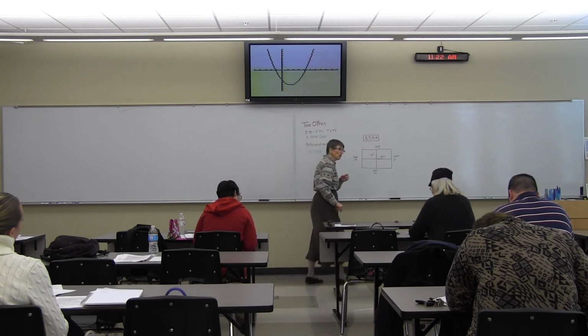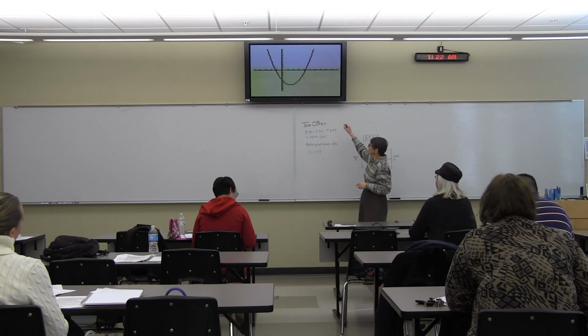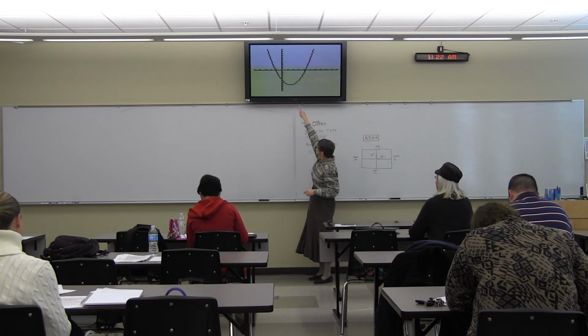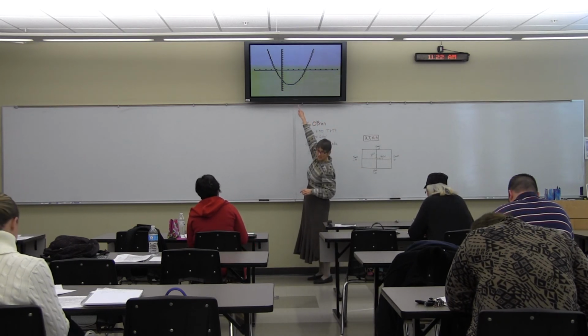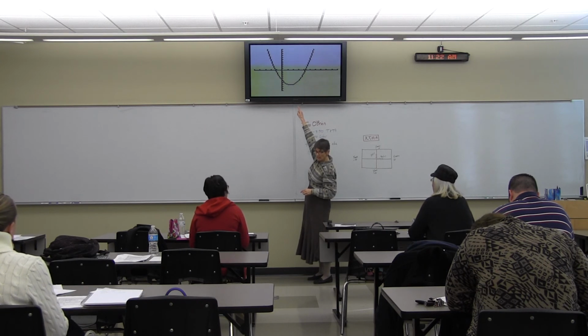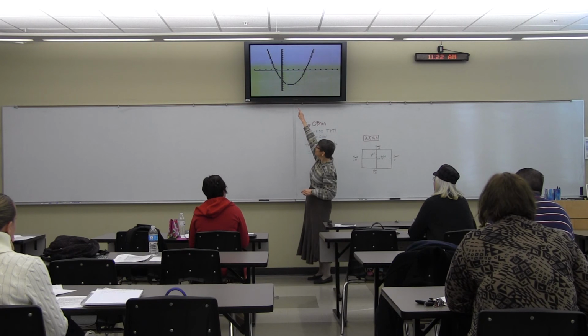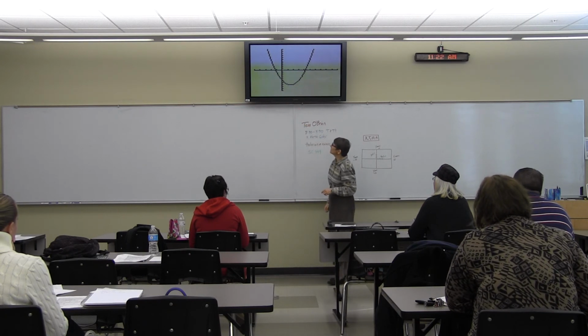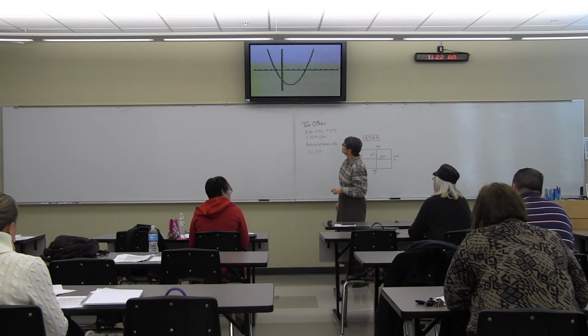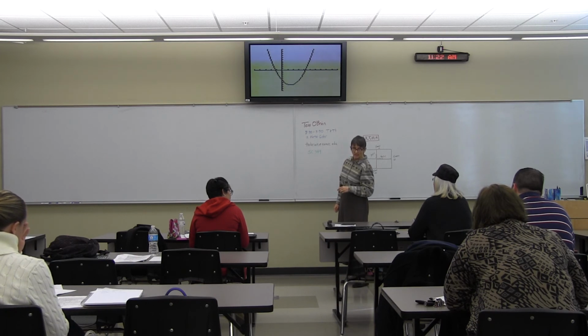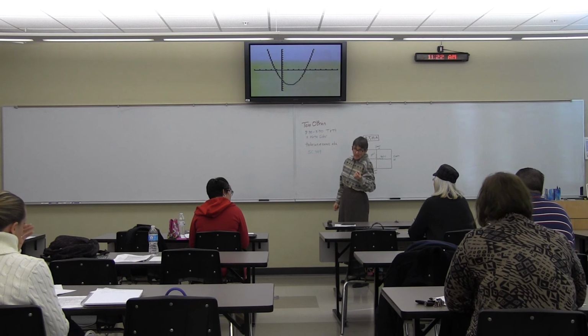Okay, now one of the things you'll notice about my parabola is it looks really flat on the bottom, doesn't it? Should it look flat on the bottom? No, definitely not. Parabolas are not flat. Then why is it making it look flat? It's a calculator limitation.